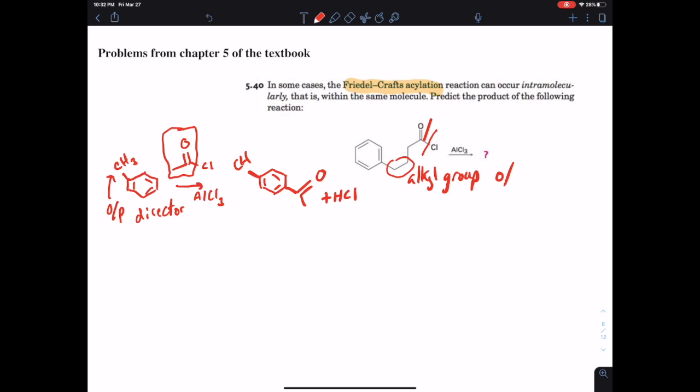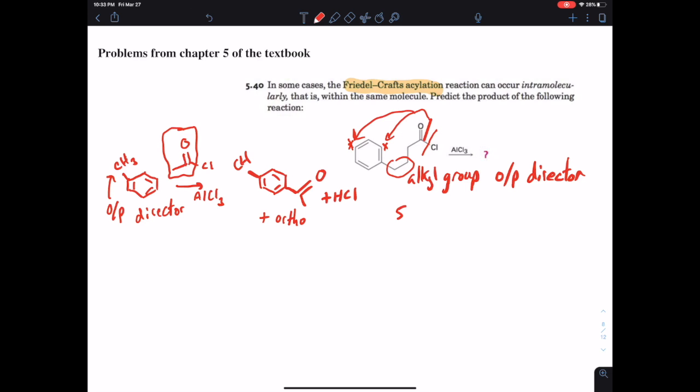Just like a methyl group, it's an ortho-para director. So it can go here, or it can go here. I showed para for this other example, but it could also go ortho.